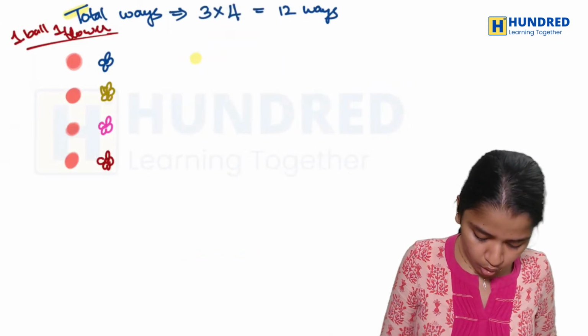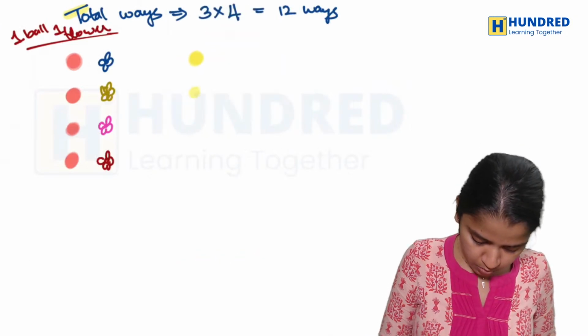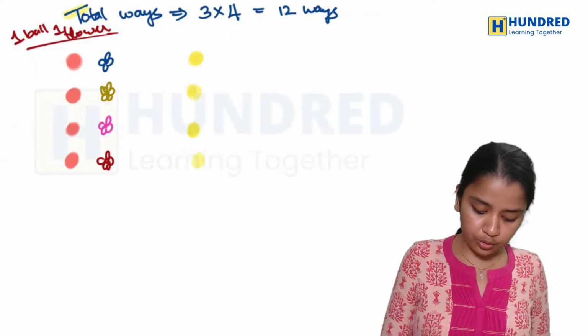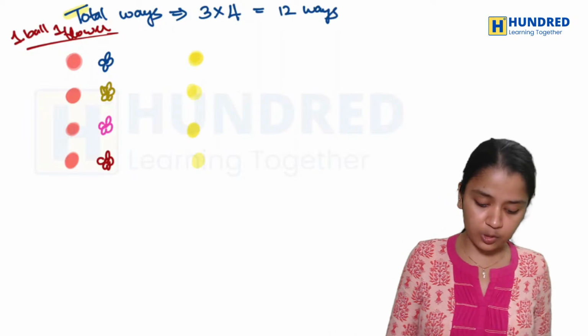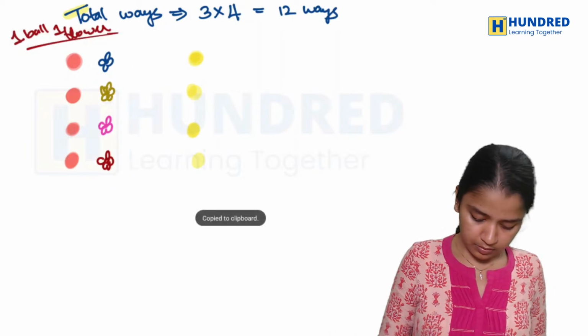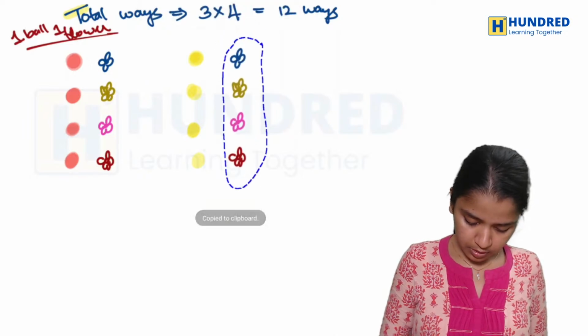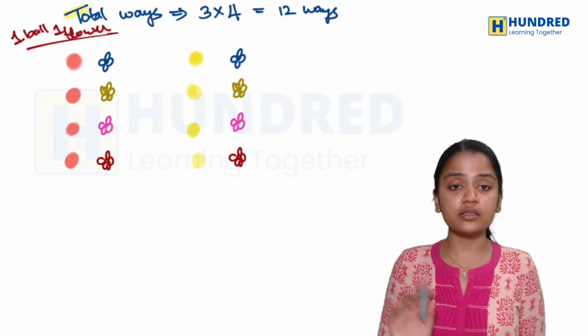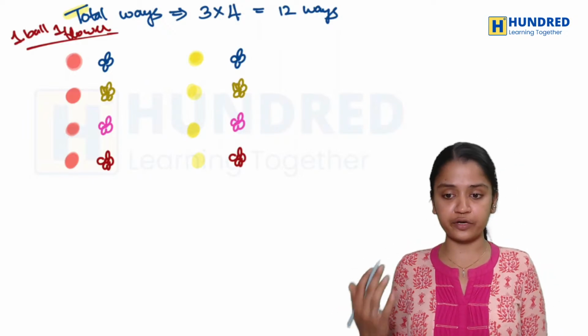The yellow ball is paired with all the 4 different colors.